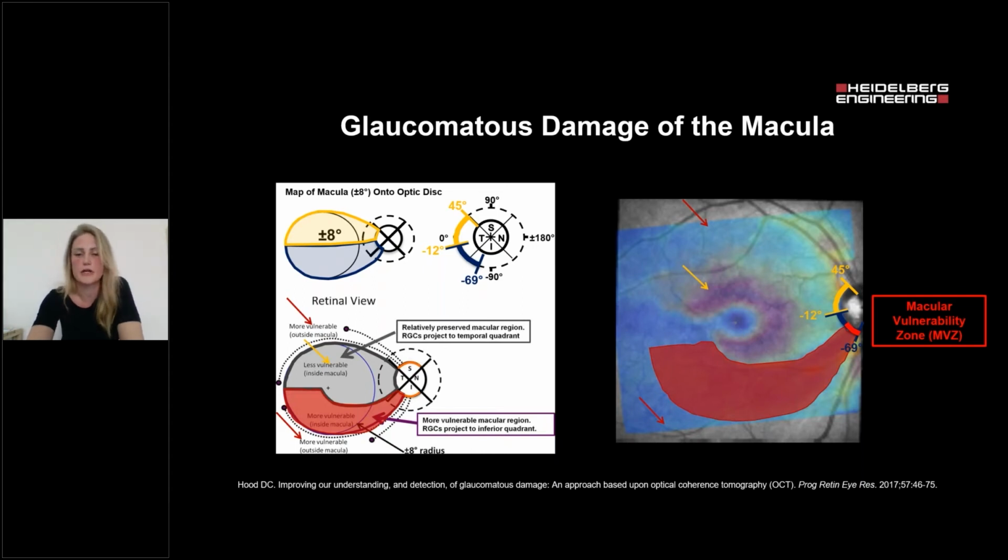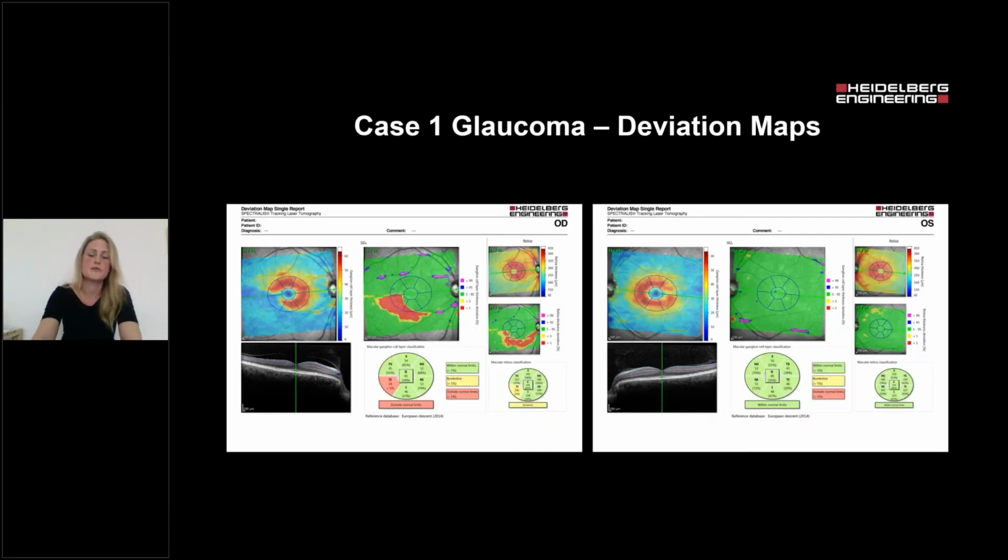And this is where early glaucoma is often present, and this is why it's so important to search the macula when we have some damage here. So with the discrimination power of the Spectralis Module Premium Edition deviation maps, we can visualize some structural loss, and a comparison of the thickness measurements with the reference database enhances their diagnostic value.